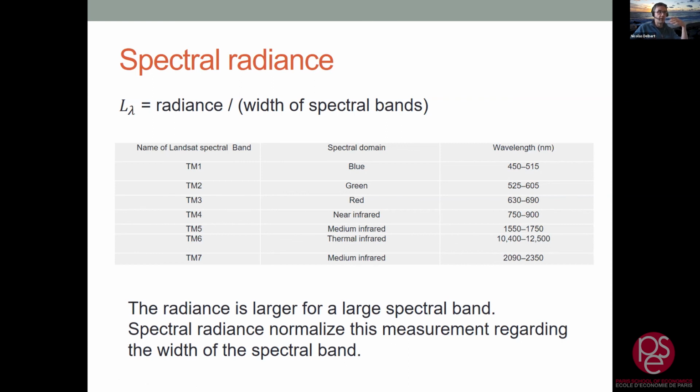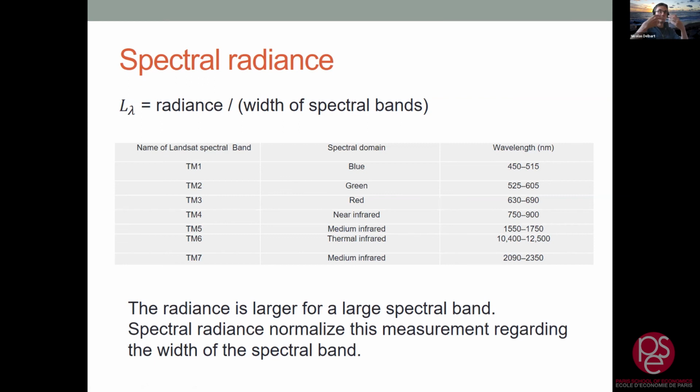which means that if we have a Landsat blue band here, and another satellite with a blue band located from 460 to 500, less photons will be received because the spectral filter accepts a smaller range of wavelengths.